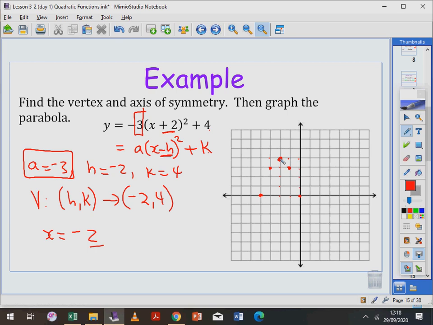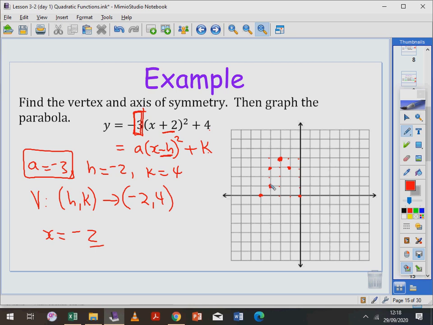However, this value 3 stretches my graph vertically. So instead of 1 here, this number will be 3. It will be 3 units from this point, 1 unit on the x-axis. So instead of this point being here, it is going to be right here.